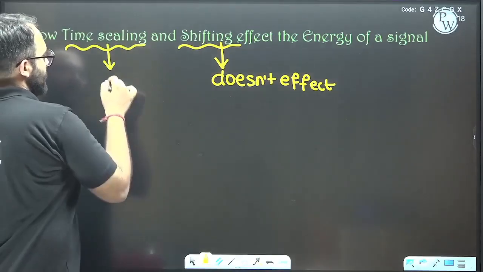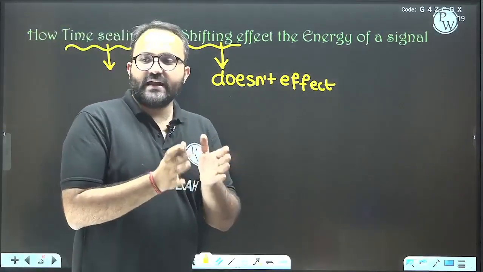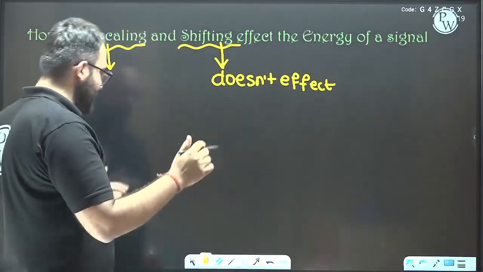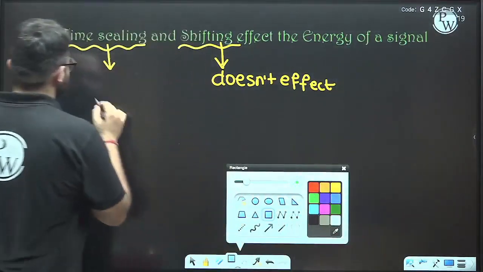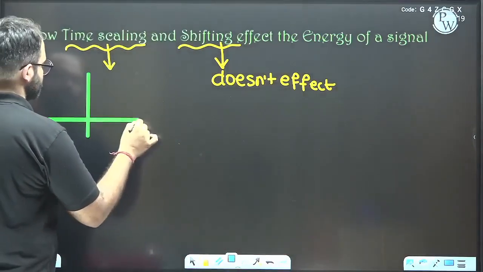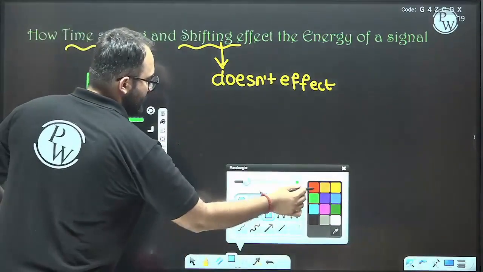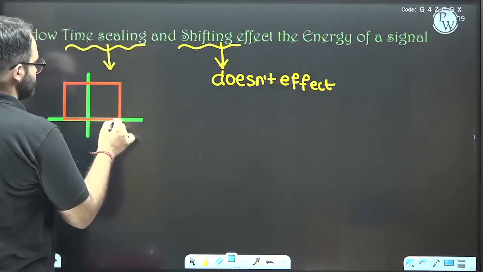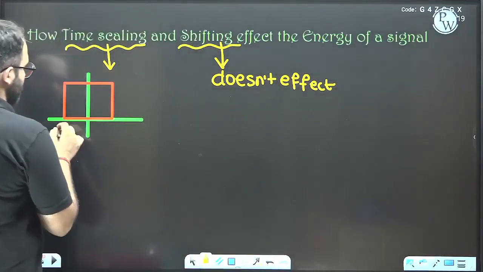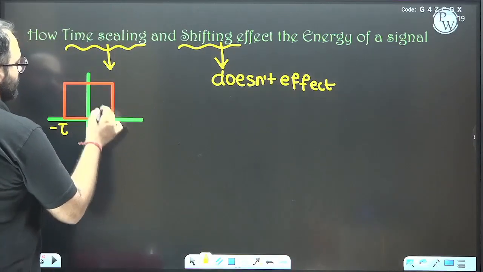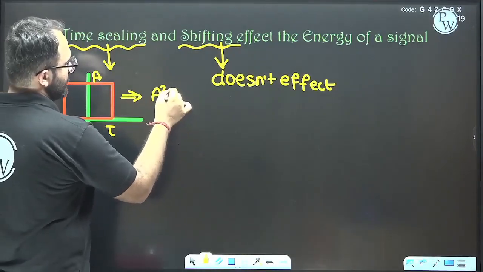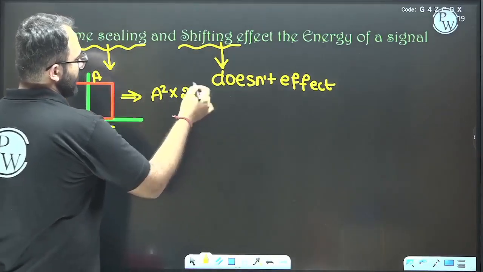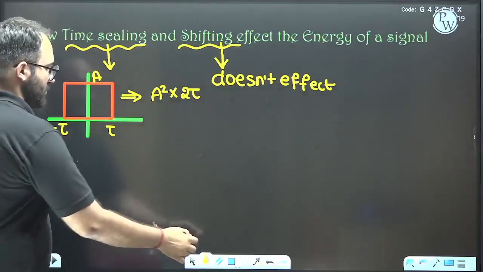If we contract any signal, let us take an example to show it. Suppose we have a rectangular signal from minus tau to tau, height is A. What is the energy of this? The energy is A square multiplied by width, A square into 2 tau.